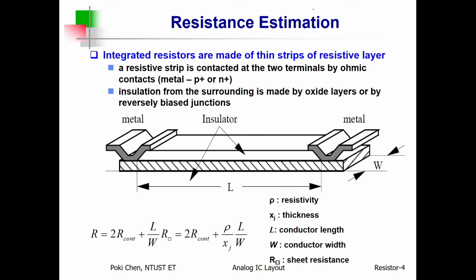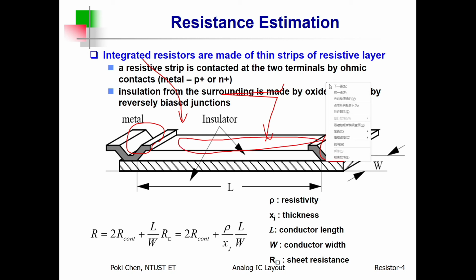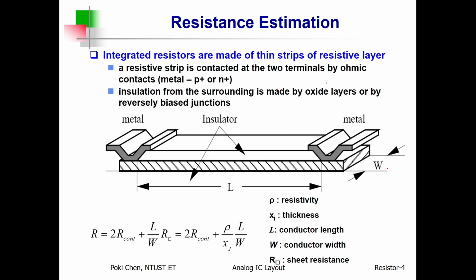This is some kind of three-dimensional view of horizontal resistor. You can see we have contact to both sides, and then the main body of the resistor is here. However, I need to highlight that according to the high resistance of our resistor, the effective length is calculated from here to there.